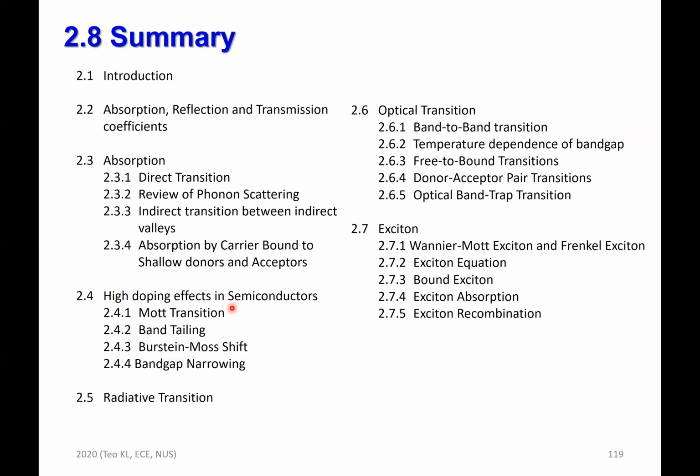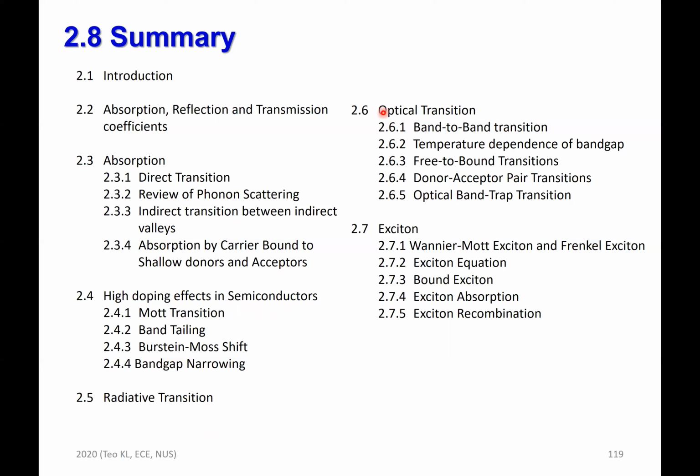For high doping effects in semiconductors, we talk about Mott transition, band tailing, Burstein-Moss shift, and band gap narrowing. And then we also talk about radiative transition, the carrier lifetime, minority carrier lifetime, and the radiative efficiency.